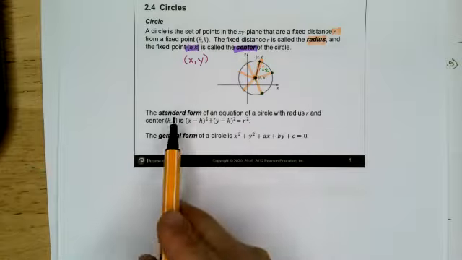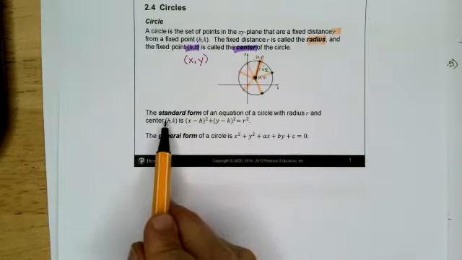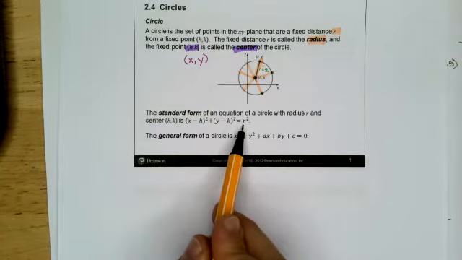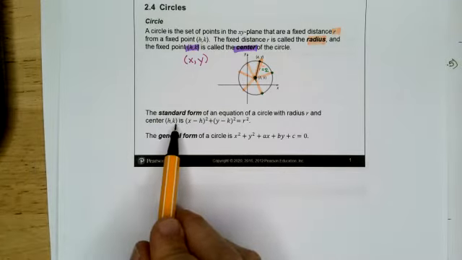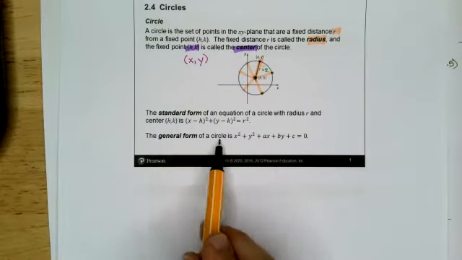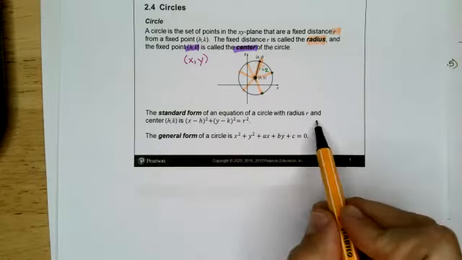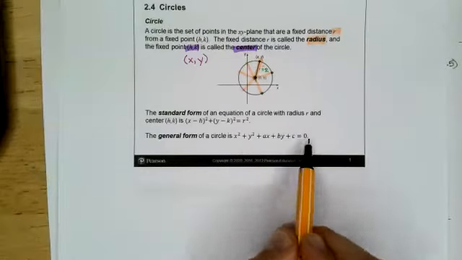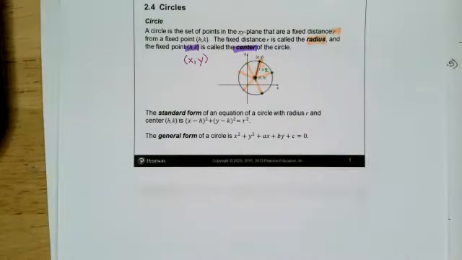Good. So the standard form is just plugging in the center points and giving the radius, okay? But then if you expand that and then simplify it, you get the general form. You get a very long polynomial, and then you put it in order, and that's called the general form of the circle, okay?